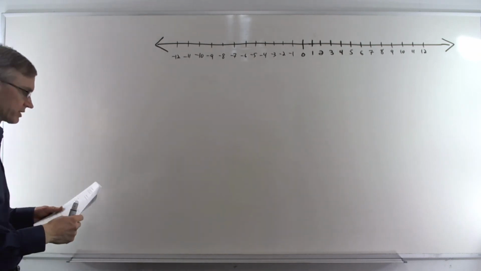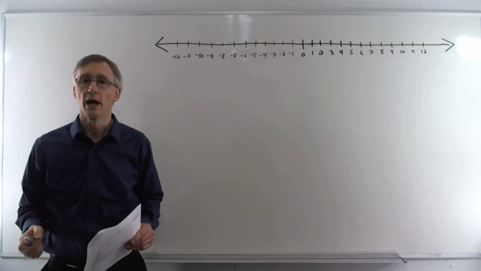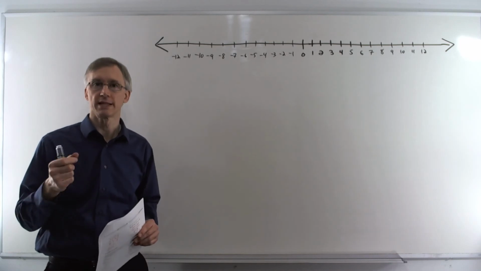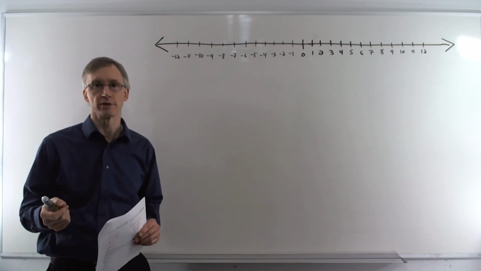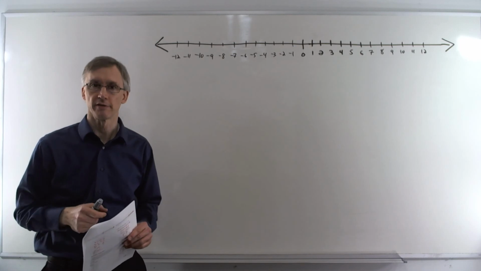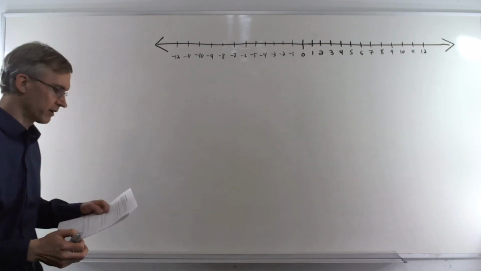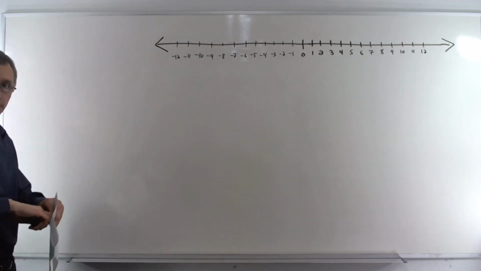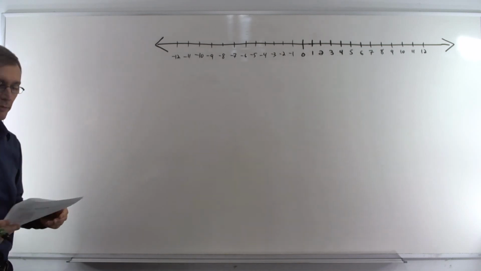All right, next up, we're going to be solving linear inequalities. And we're going to solve these almost exactly the way that we solve equations. But there are some important differences. So the first difference is what happens when we use the multiplication property with negative numbers.